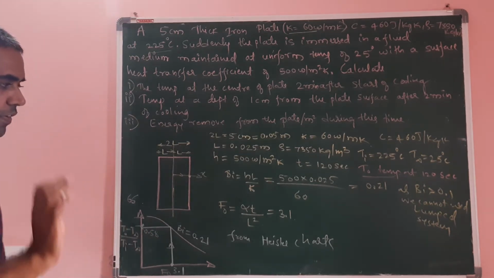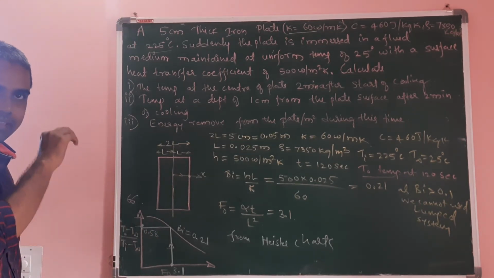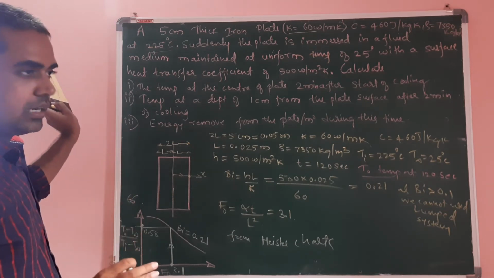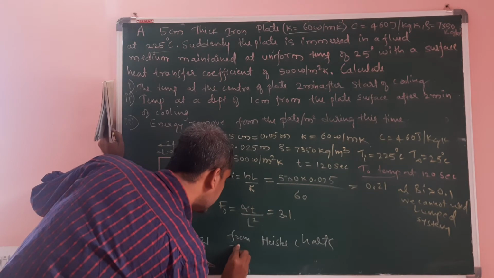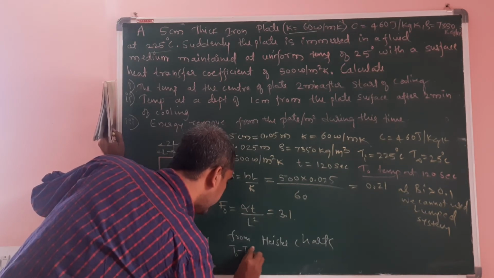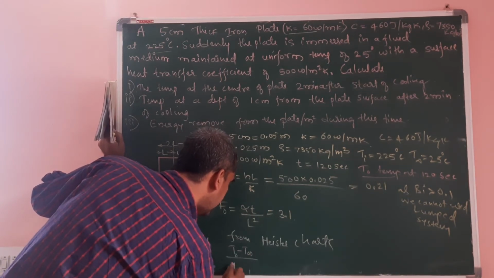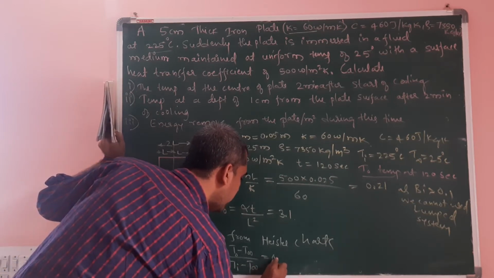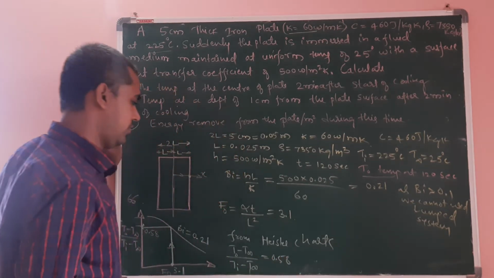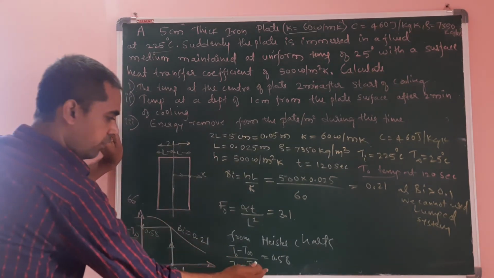Here you see graphical methods are approximate methods; definitely you will not get 100% accuracy. Therefore (T naught minus T infinity) divided by (Ti minus T infinity) is equal to 0.58 from the graph.